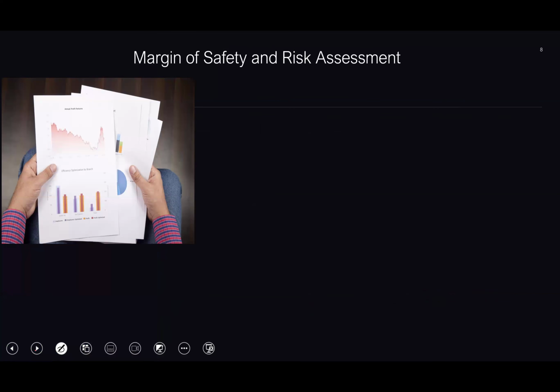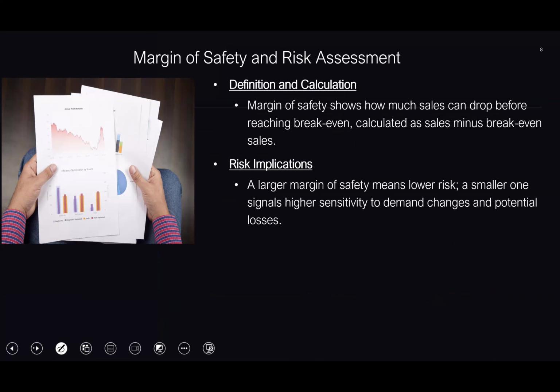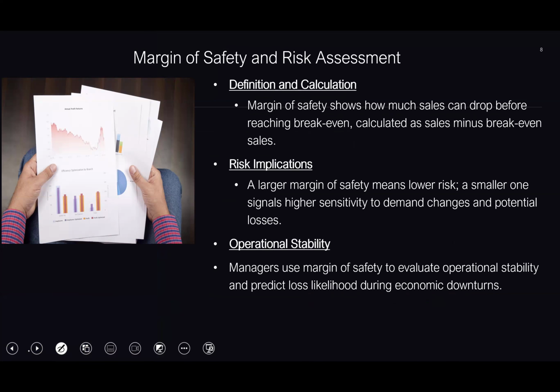Let us now discuss the concept of what we call margin of safety. Oops, sorry, I can't write that far up, so I'm going to write here. Margin of safety, MOS, is an important concept because it shows us how much our sales can drop before I reach break even.